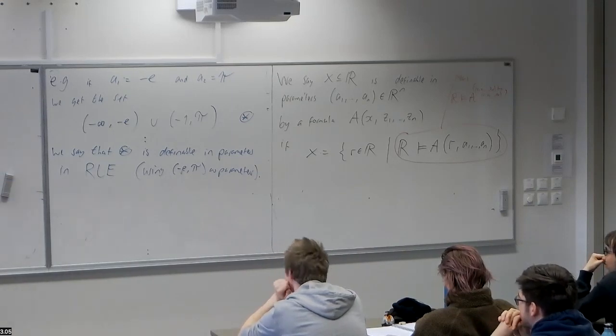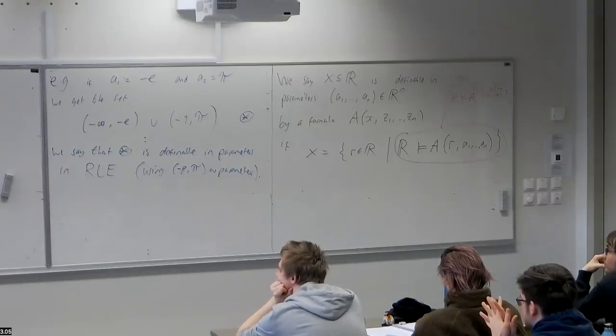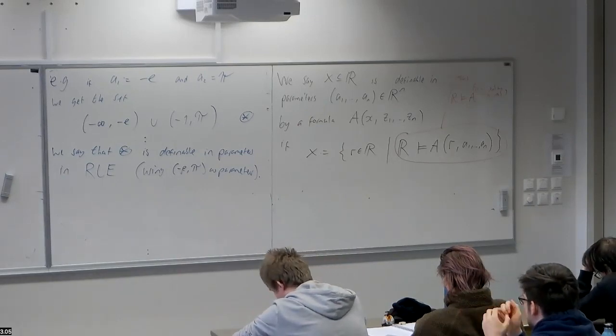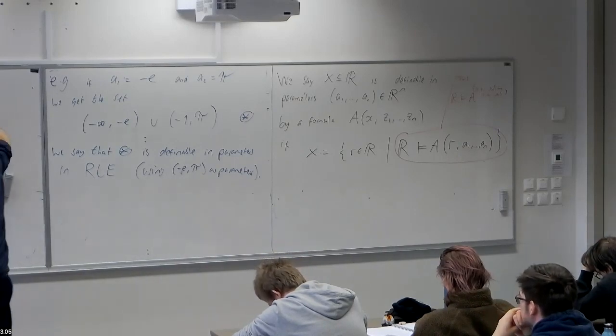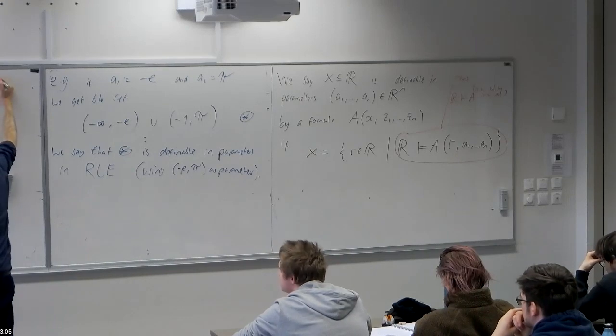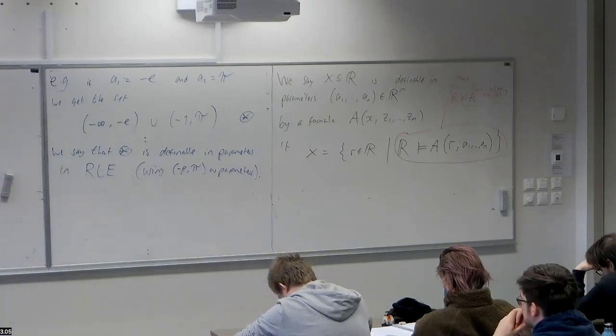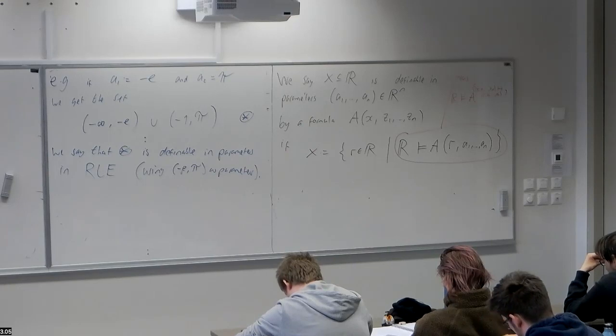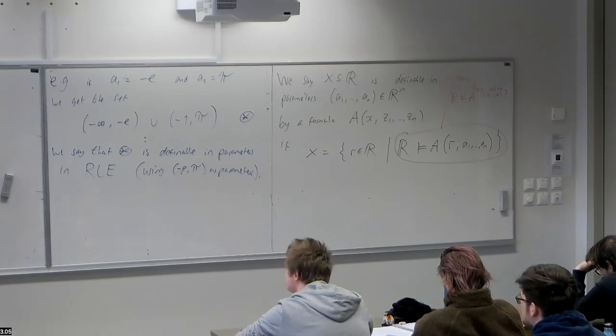So you put z1 equal to pi. So by an interval, we mean a set, let's say a subset I of R, such that if x is less than y is less than z, with x and z both in I, then also y belongs to I.